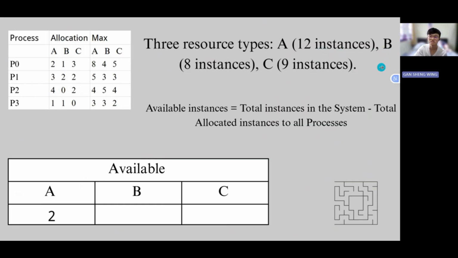The total instances of B is 8. So 8 minus 1 minus 2 minus 0 minus 1 is 4. And C has 9 instances. So we minus 3 minus 2 minus 2 minus 0. So the number is 2. This is our available table.